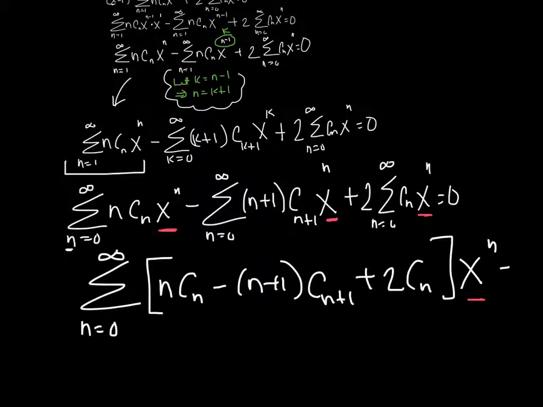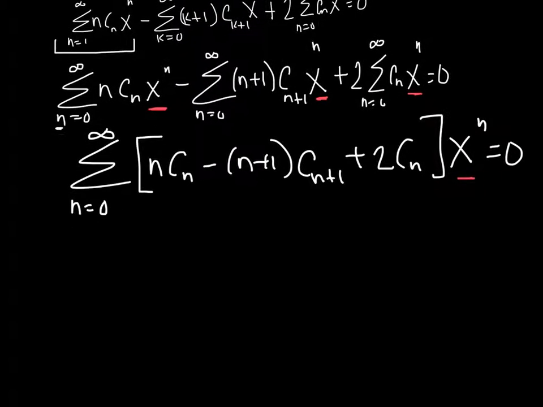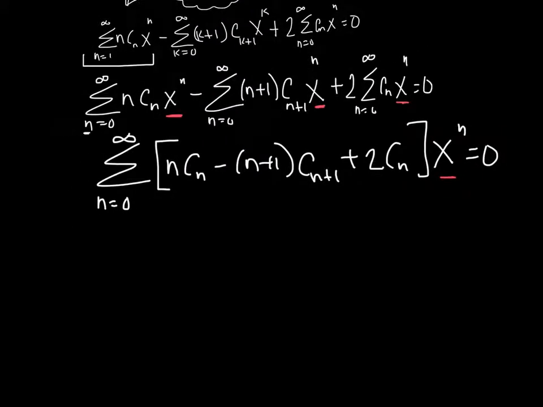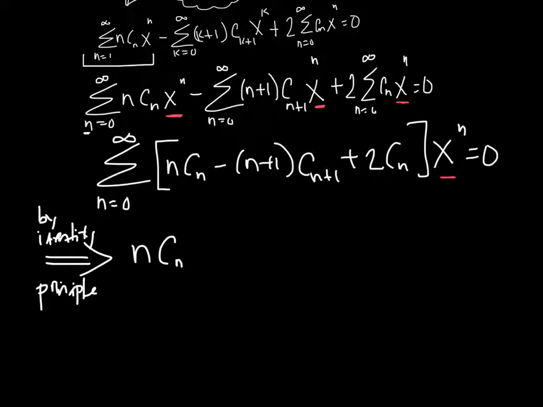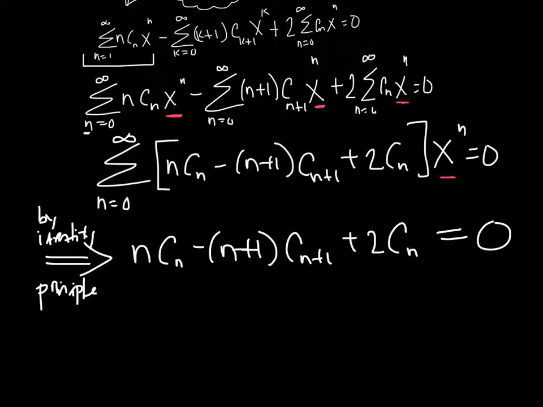And all of that is equal to 0. And we want to use our identity principle. So this implies, by the identity principle in your book, I can say n times cn minus the quantity n plus 1, cn plus 1 plus 2cn is equal to 0.